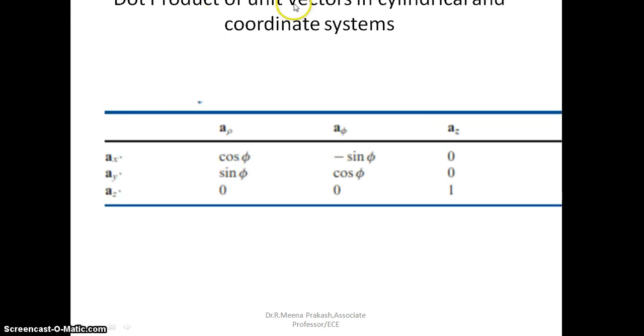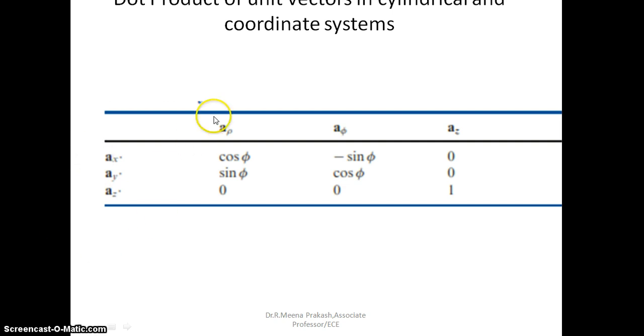Now consider the dot product of unit vectors. As we have seen, the unit vectors in the cylindrical coordinate system are a rho, a phi, and a z. Similarly, the unit vectors in the rectangular coordinate system are ax, ay, and az. So what is the dot product between them? a rho, a phi, az are the unit vectors in cylindrical coordinates, and ax, ay, az are the unit vectors in rectangular coordinates.